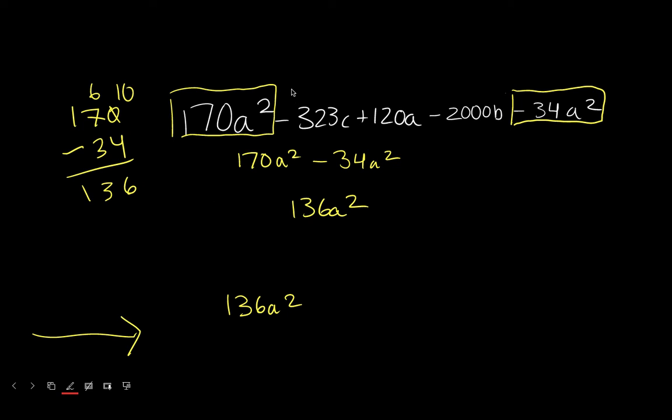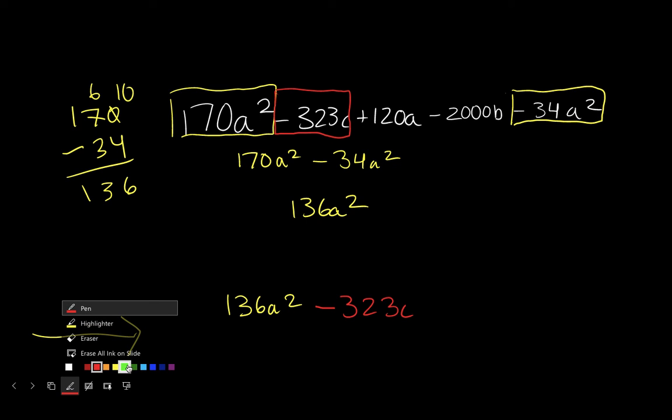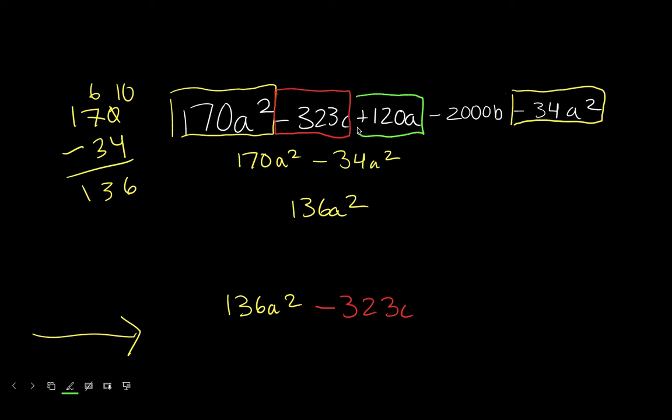Let's keep going. Oh, then we got this negative 323c. And we check, there's no other c, so we're going to put that in our equation, 323c. Then we keep going, we got this positive 120a. There's no other a, so positive 120a.